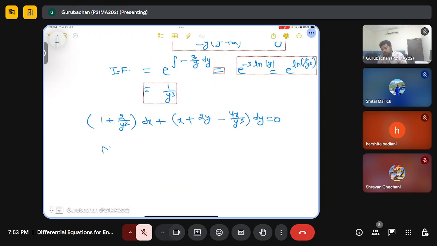So our new m dash will be 1 plus 2 by y square, and n dash will be x plus 2y minus 4x by y cube.